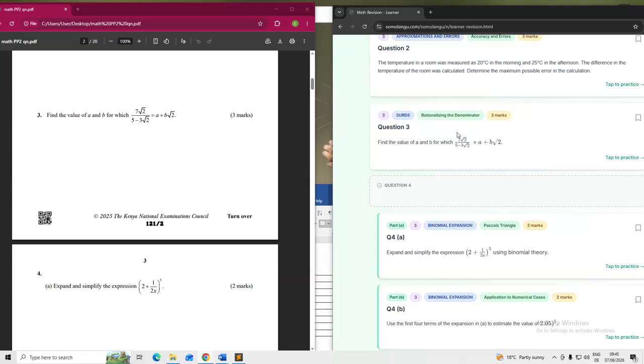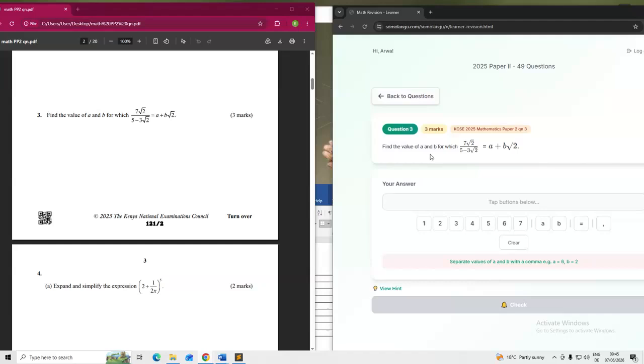I hope we remember what rationalization means. So the examiner is testing the manipulation of Surds and the use of conjugates to remove irrational denominators. In our case, the irrational denominator is 5 minus 3 root 2. This is one of the standard KCSE techniques that students should master through practice.